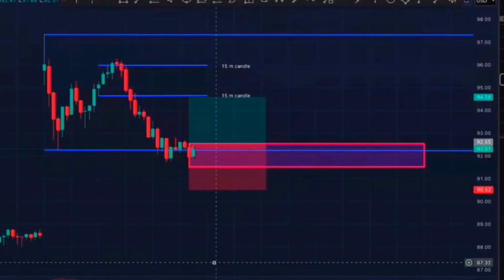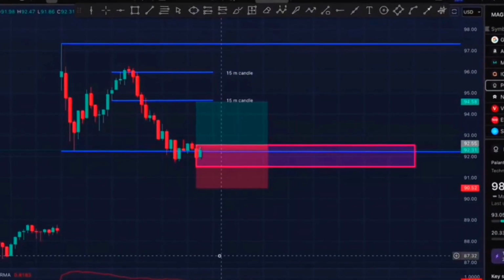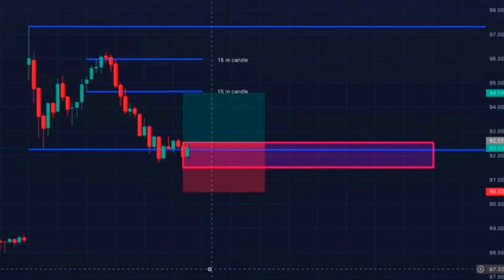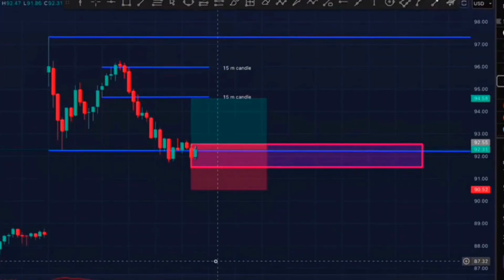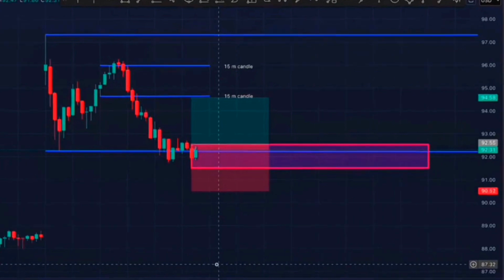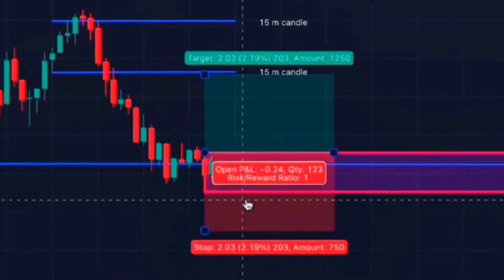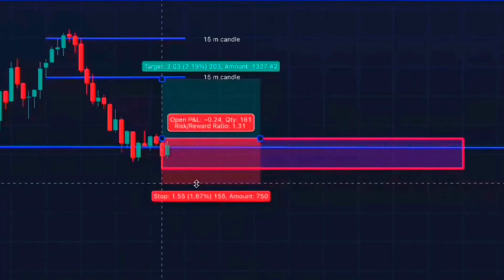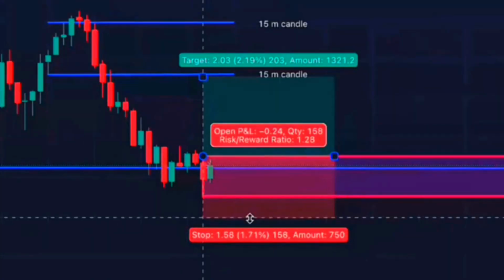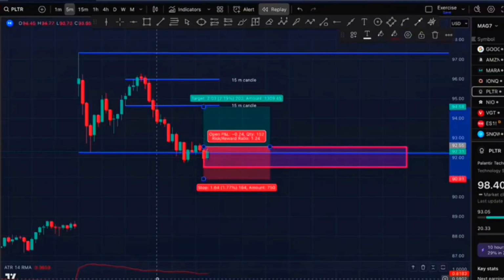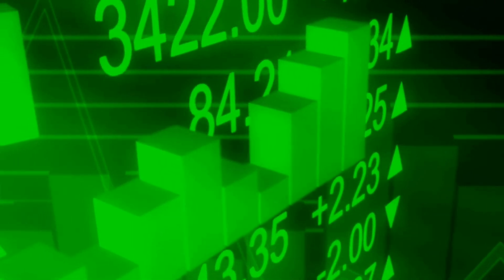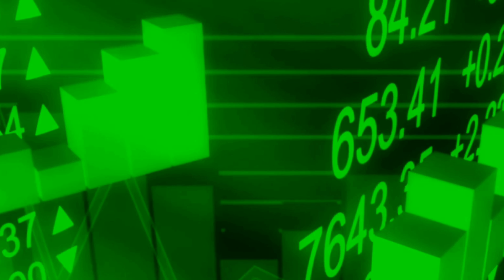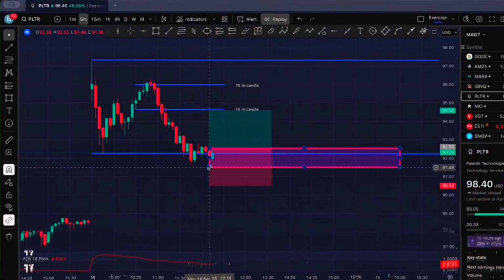If I multiply that by 2, it gives me 1.64. I come here, I measure that, it's 1.64, just right here. This is going to be my stop loss. The stop loss amount is like $750, something like that.